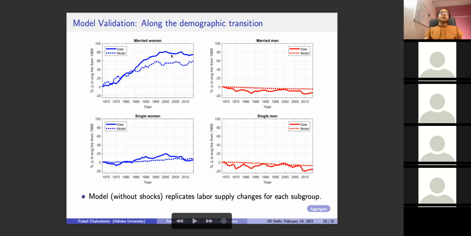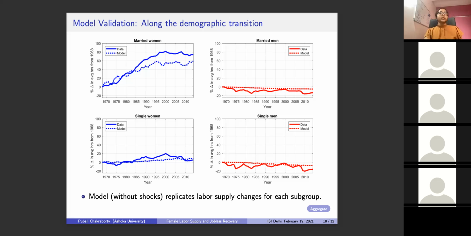There is a bit of a difference. There's a little bit that I miss in terms of this overall change, but that's because if you see the literature on the different factors that have contributed to this change for married women, there is the idea of social norms changing. There is the idea of technological progress for home production that has resulted in this kind of change.